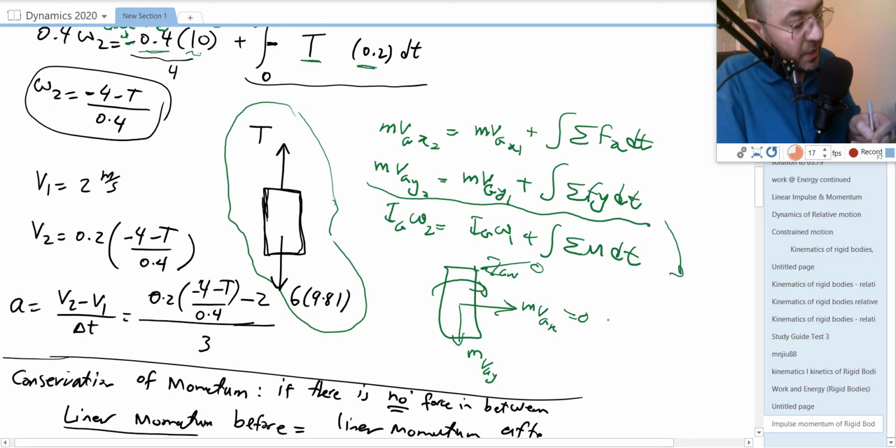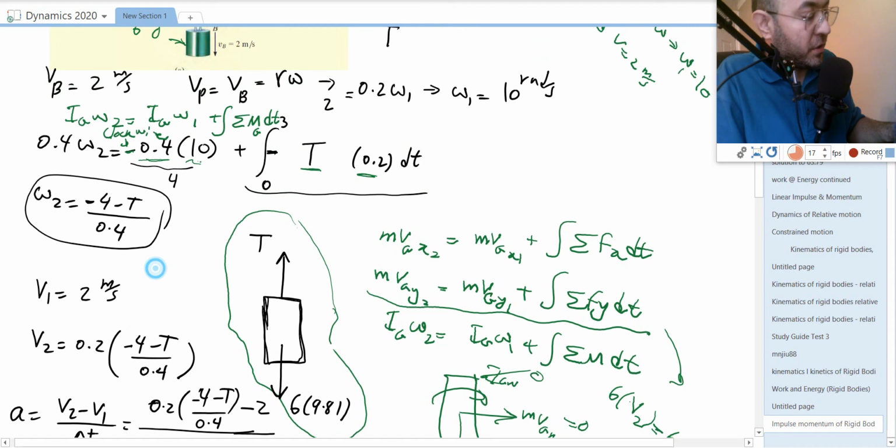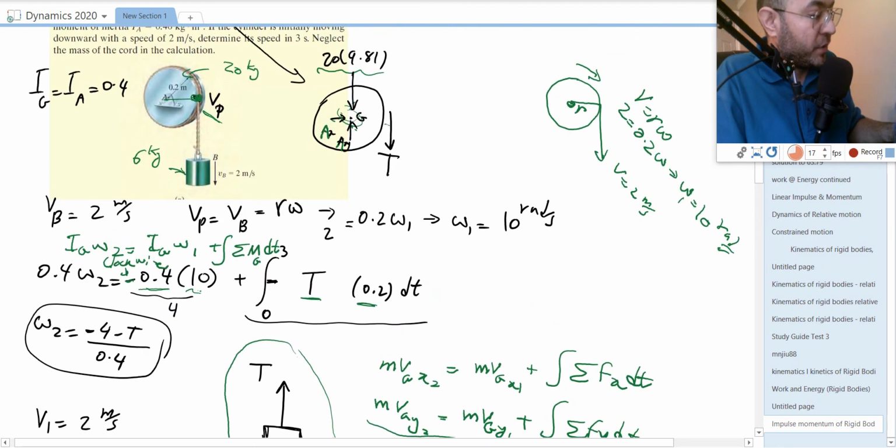From this equation, I'm going to get mass of cylinder, which was 6 kilogram, times Vg2 that I don't know. I'm going to call that V2. And then moving forward, I have V2 is equal to m, again 6. In the beginning, this was going with the velocity of 2 meters per second.